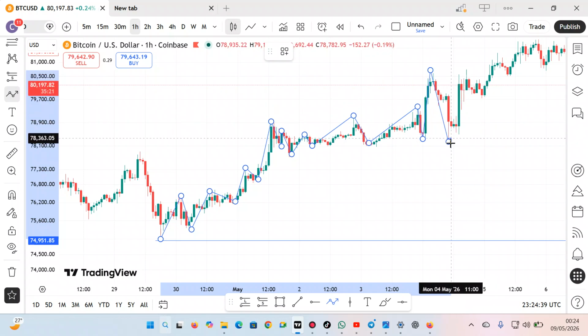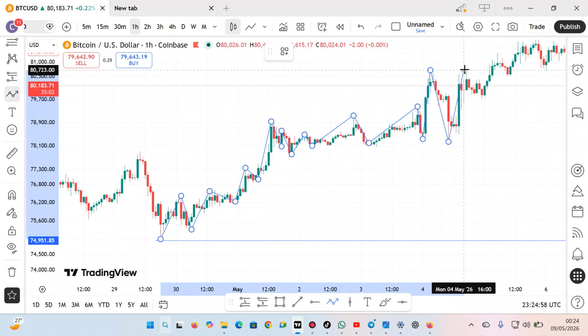So the market has to come and take out the previous low in order to have strength to continue moving. The time you can join that movement is when it's coming down to take out the previous low. That is when you are allowed to join.